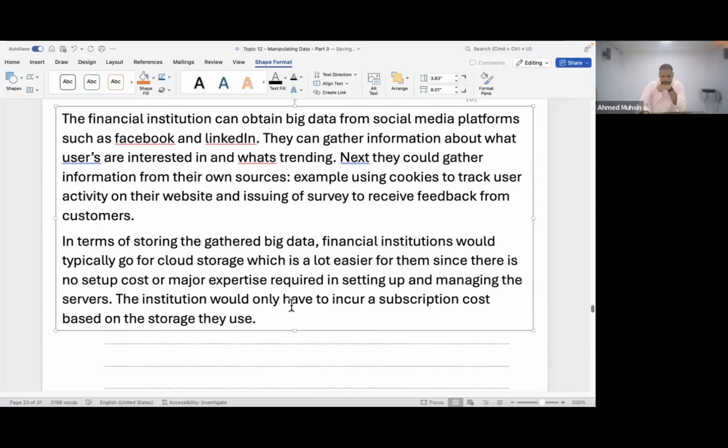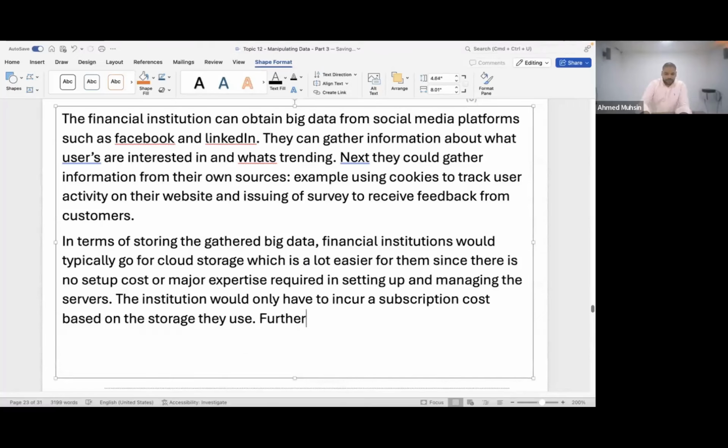Data warehouses, very nice. Further, data warehouses would be used on the cloud to store data in various forms. What are the forms you're talking about?